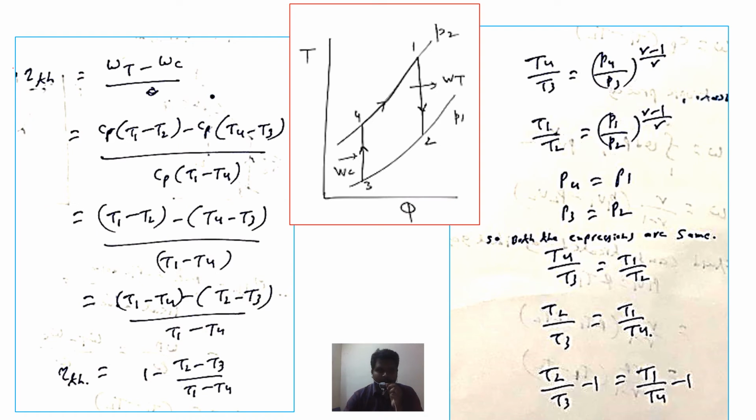Now finally, thermal efficiency equals work done by the turbine minus work done by the compressor, divided by heat.